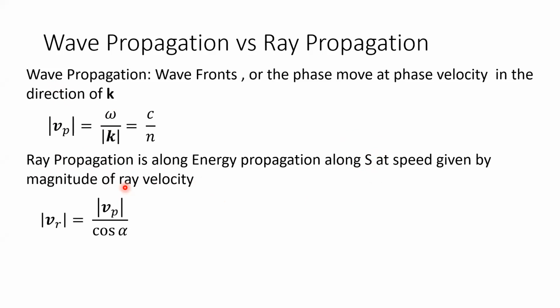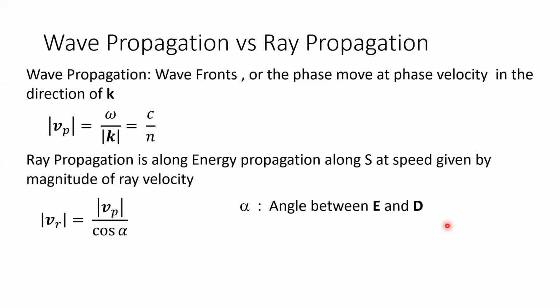You must keep in mind, when you discuss propagation, whether it's a wave propagation or ray propagation, the two are different. If the medium is isotropic, then there's no distinction. But if the medium is anisotropic, there is a distinction which you have to keep in mind so that there's no confusion. And here alpha is angle between E and D.